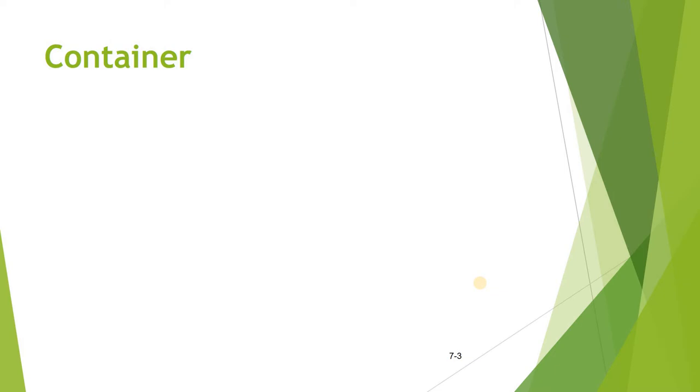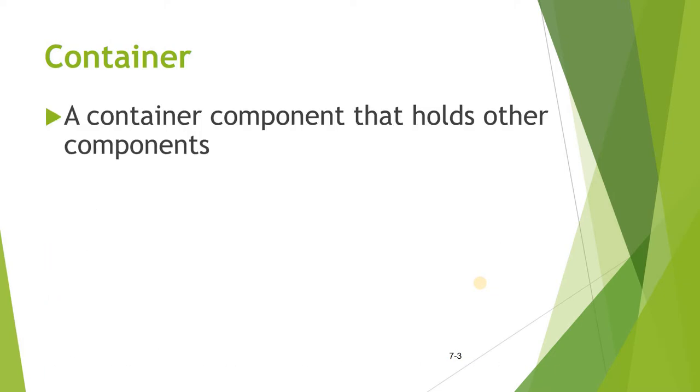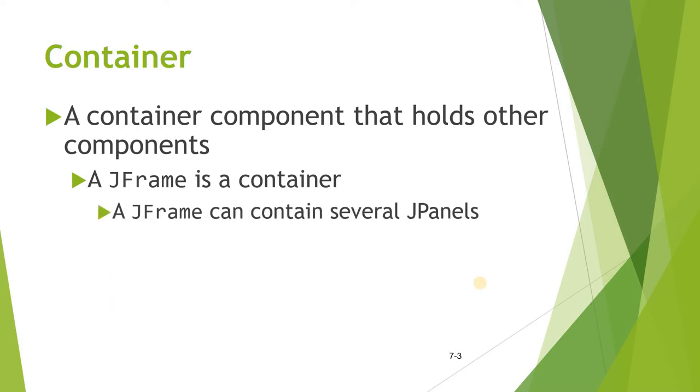All right, so a container is just a component. It's a component that holds other components. So what kind of container would hold other components? Well, there are really two. A frame is the one that we will use or inherit from, and we will use that to actually create a window on the screen.